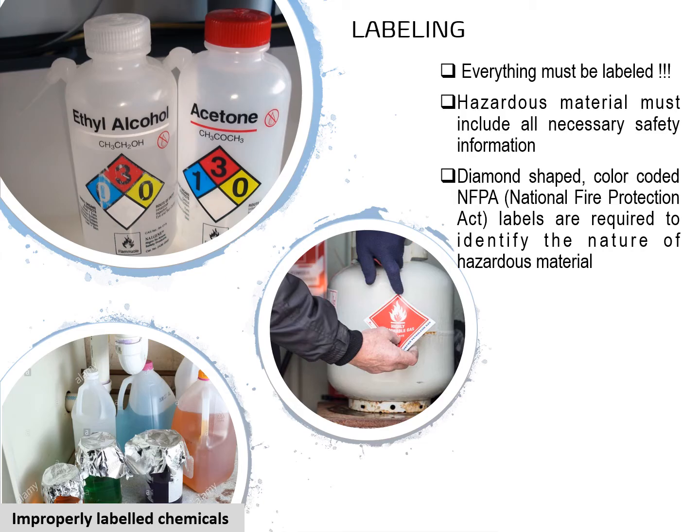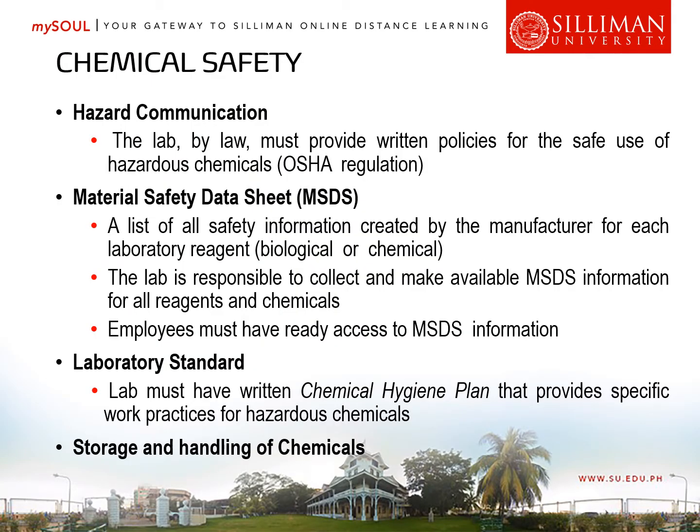For chemical safety inside the laboratory, the following protocols must be set by the laboratory to ensure that all people who are handling chemicals are safe from the hazards brought about by these reagents. So first, we have the hazard communication.